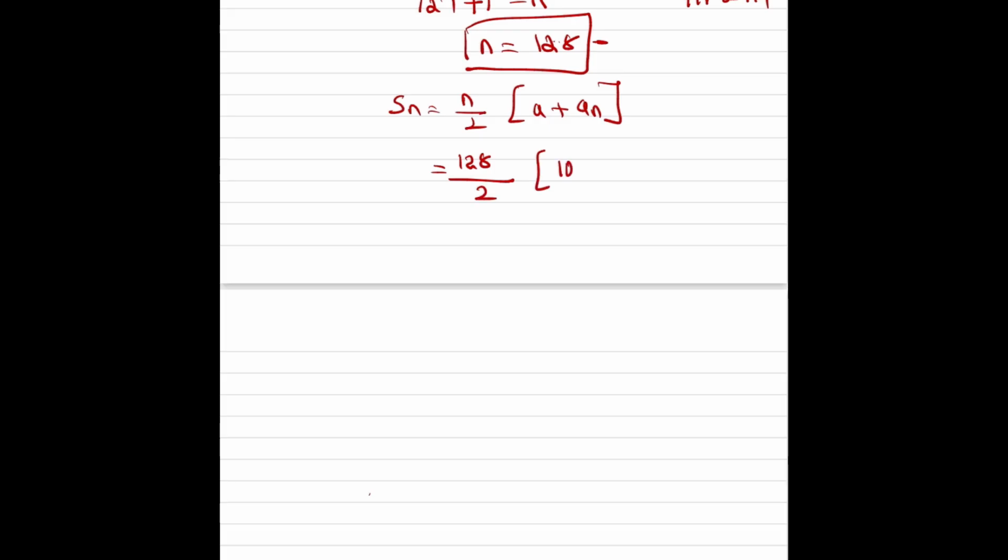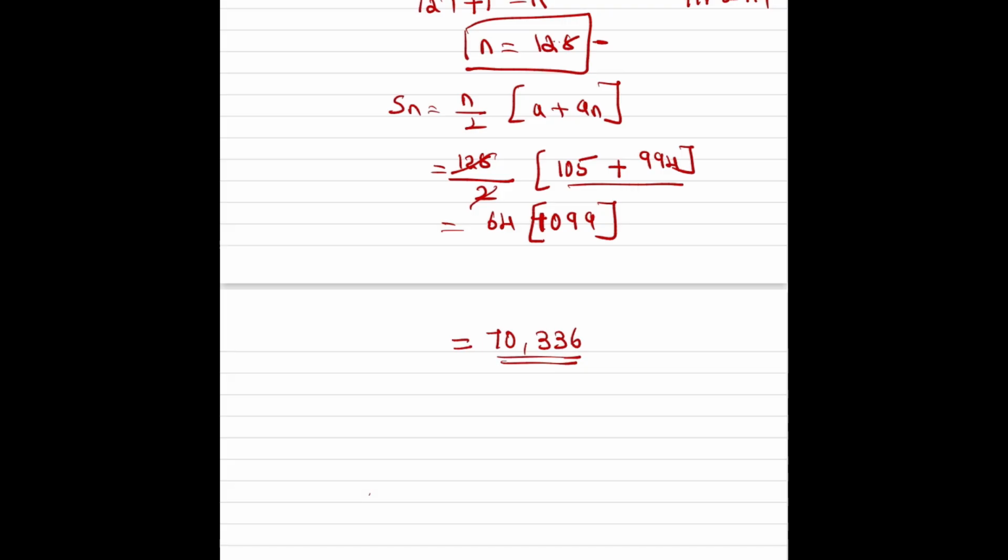The A value you already know, the first term, plus the last term value is 994. Cancel this, 64 into 1099, adding this both, the value is 1099. So now we multiply 64 into 1099. That is the value of 70,336. This is the answer: the sum of all the 3-digit numbers which are multiples of 7.